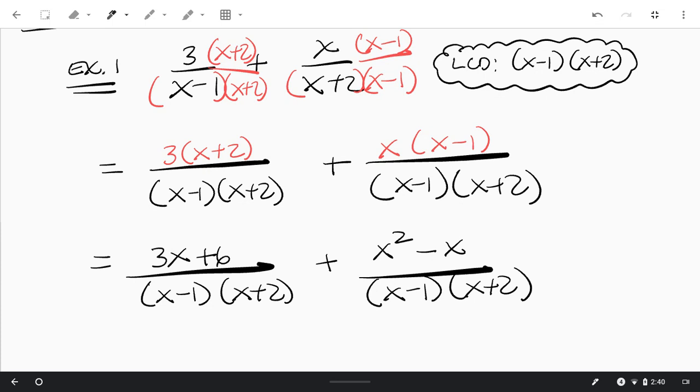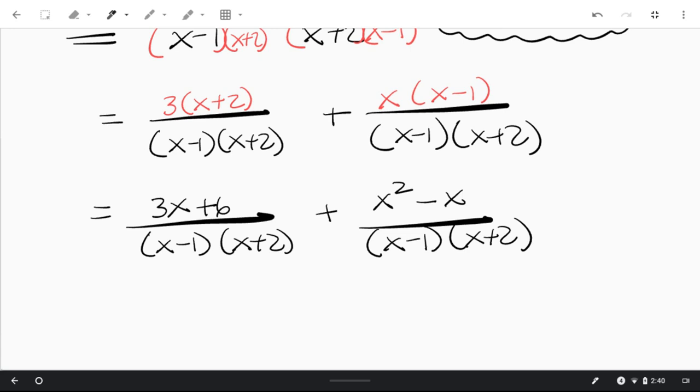Okay, so now they have the same denominator, so now we can go ahead and add these fractions together.